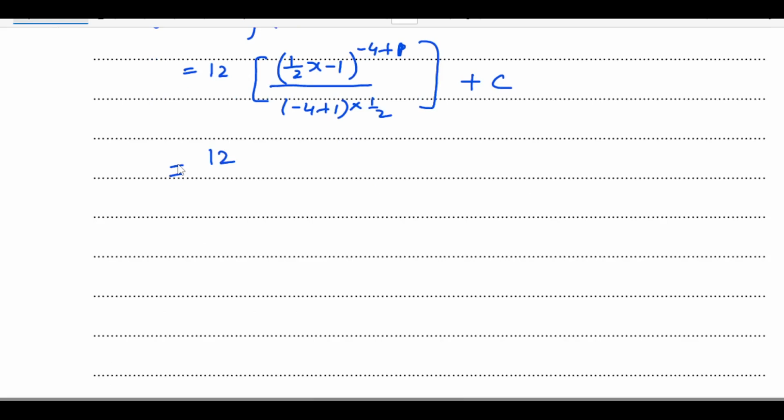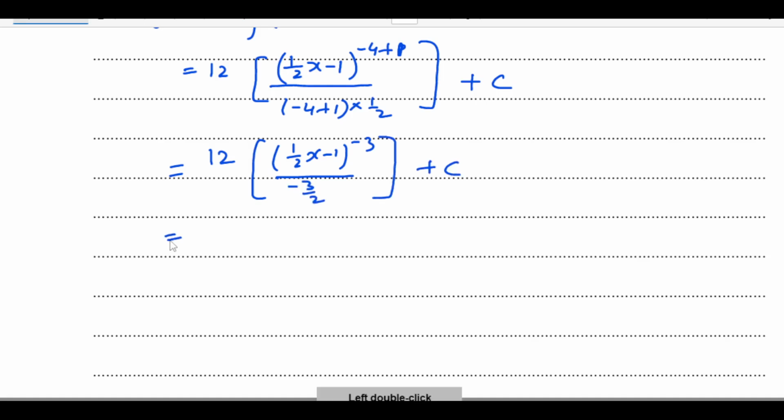This is 12, this becomes 4 times negative 3 over 2. So this is going to become, okay, let me just first write it as it is, (half x minus 1) power minus 3. This will be negative 3 over 2, plus c.